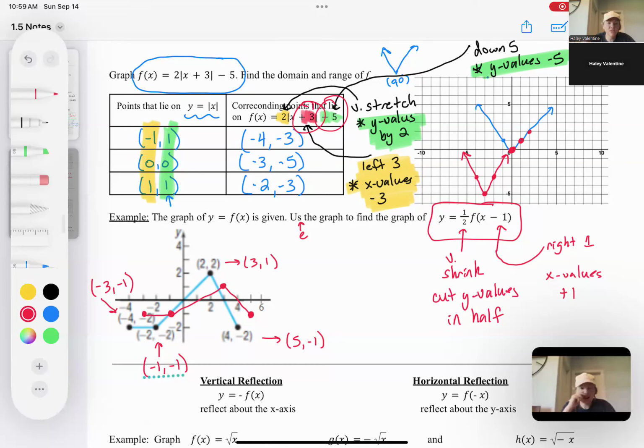It's still a function, but two things have happened. Every single point was shifted to the right one, and every single point was cut in half, getting closer to the x-axis, that origin. Okay, so again, being able to just recognize what's the transformation, what's it called, what does it make your graph look like, how does it affect your coordinates, x and y, makes it a lot easier to graph it then.